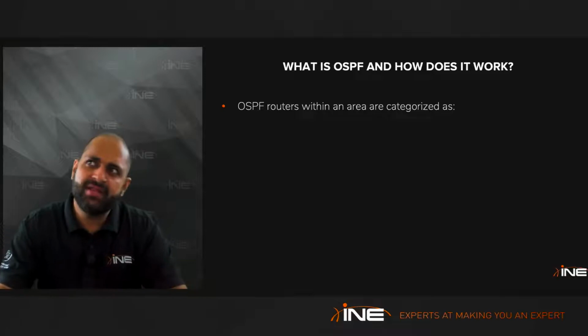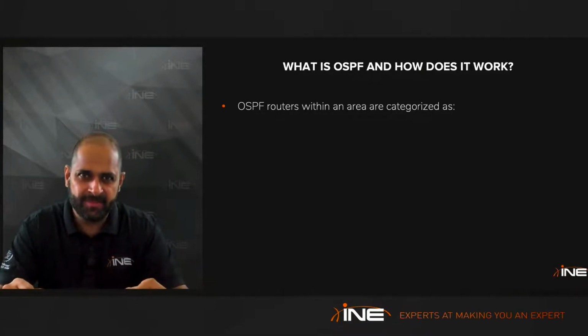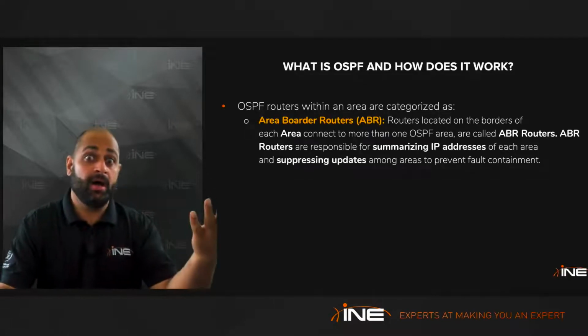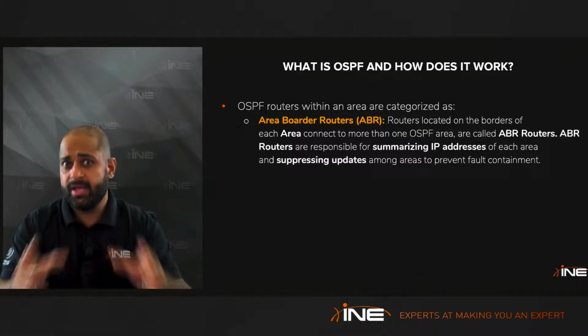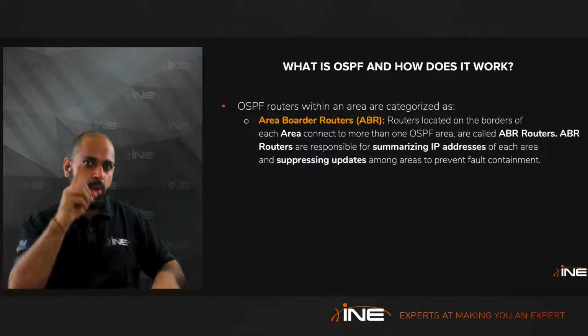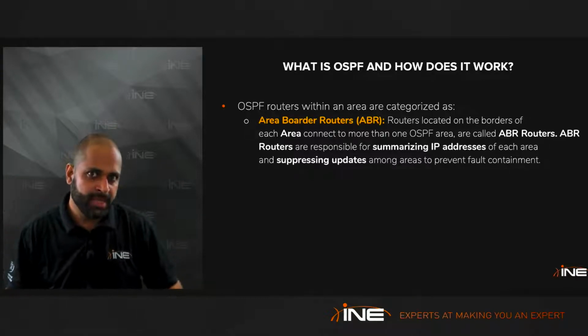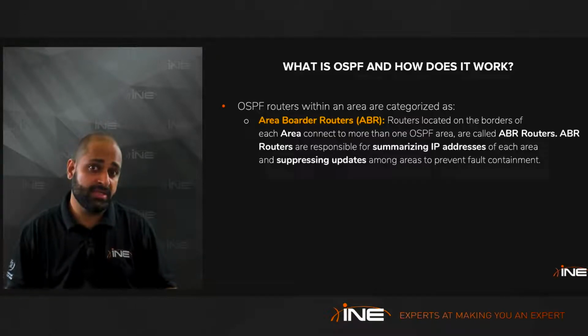Now, if you look at different types of routers within an area, we could have an ABR, which is an area border router. If you remember, an ABR is the router that connects to multiple areas, but one area needs to be area 0. Only an ABR generates LSA 3 or LSA 4.